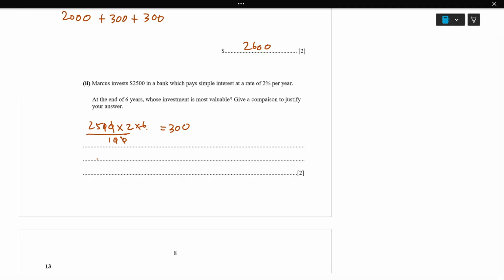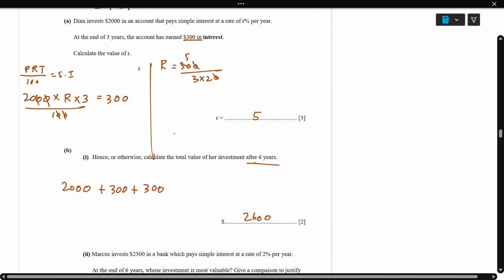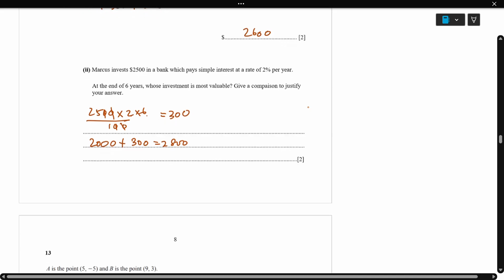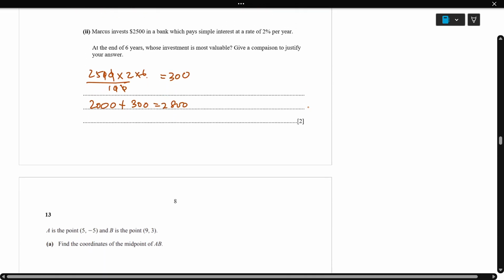So the total amount is going to be 2500 plus 300, which is 2800. So as per this calculation, Dina's amount after 6 years is only 2600, and Marcus's investment is 2800. So Marcus's amount is more valuable.